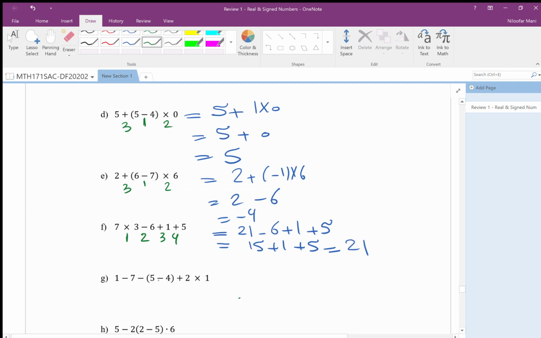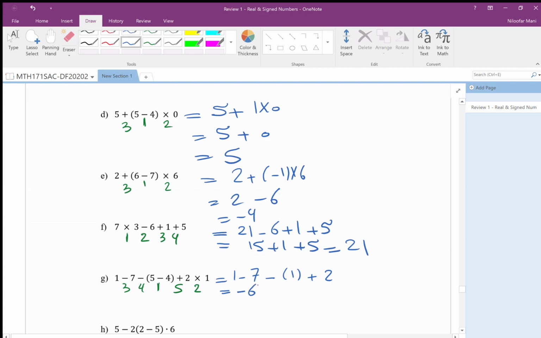I have brackets, so that's first. I have multiplication second, 3 and 4 and 5. So now I start. So it's 1 minus 7 minus 1 plus 2 times 1, which is 2. I told you can skip and do several steps in one line, doesn't matter.